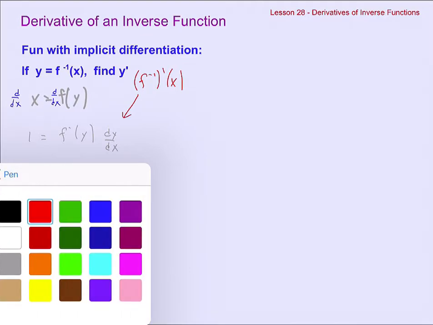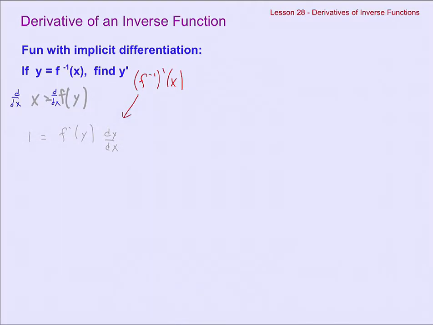So like with the other implicit differentiation we did recently, we're going to solve for dy dx by just dividing both sides by f prime of y.